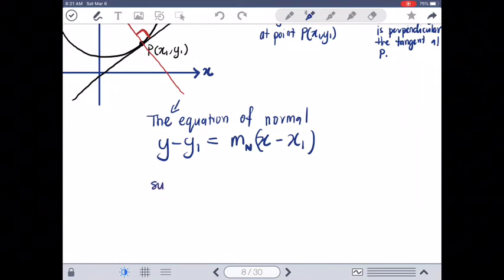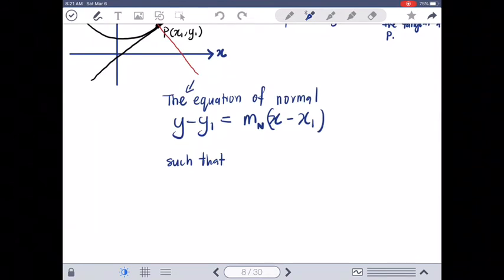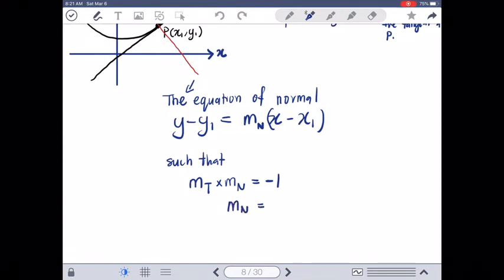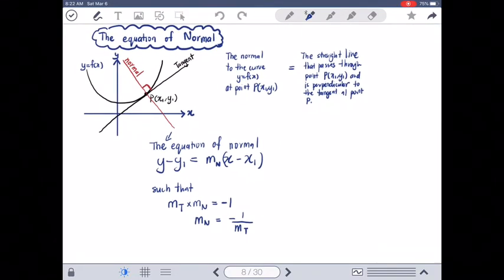The relationship between gradient of tangent and normal is, since both are perpendicular to each other, gradient of tangent times gradient of normal is equal to negative 1. Therefore, gradient of normal is equal to negative 1 divided by the gradient of tangent. So that is the basic equation of normal.